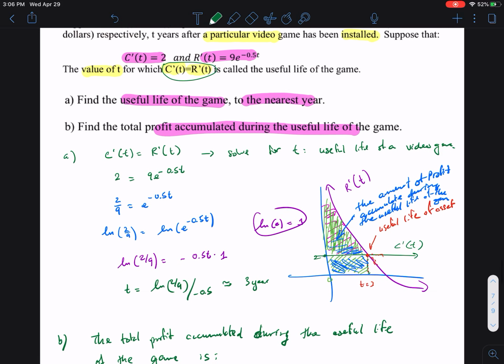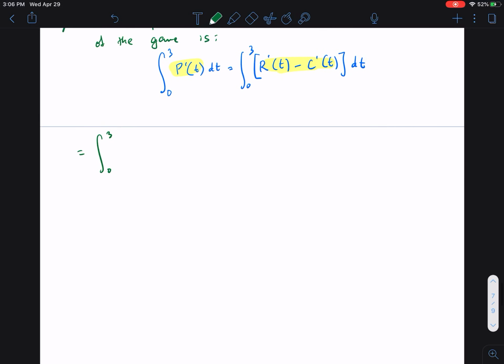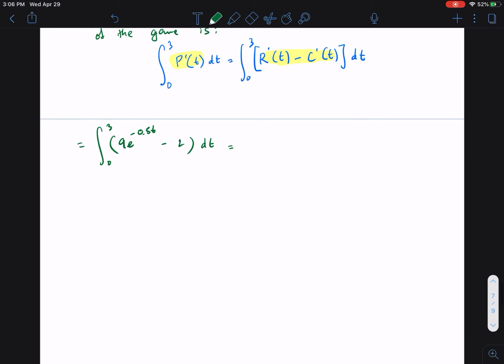R prime is going to be 9 e to the negative 0.5 t. C prime is going to be 2 dt. All right, so we can go ahead and integrate this. For the first function, that's going to become 9 e to the negative 0.5 t. The antiderivative of e to the negative 0.5 t is going to be e to the negative 0.5 t over the constant in front of t.